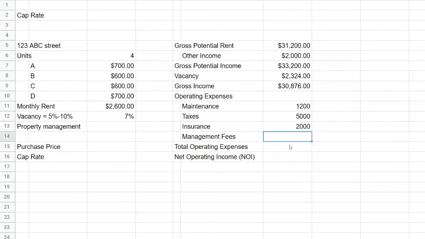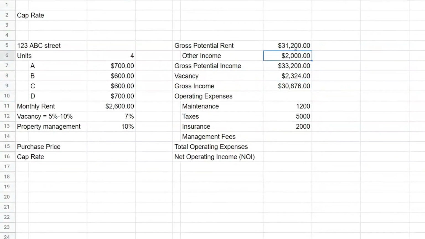Now you have to understand your management fees. What are your management fees going to be for that property? Typical rate that you'll see on a property is going to be around 10%. That's actually what I charge. And it is on gross income collected. So it's not on your potential income, it's actually your actual gross income.